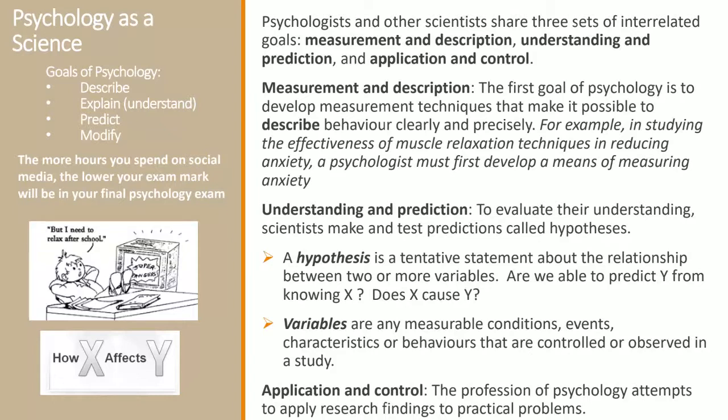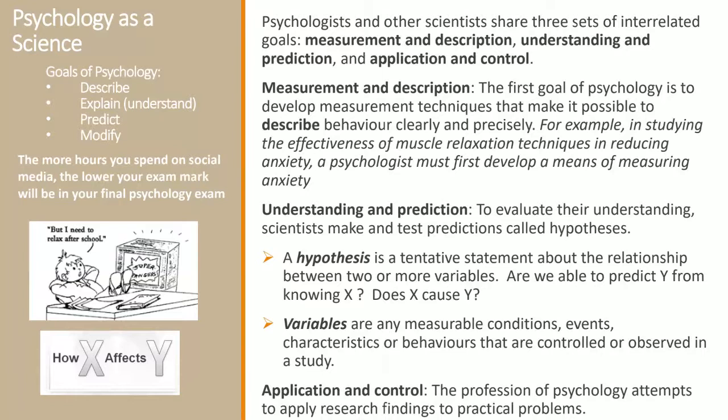Anxiety is something that happens. It's one of our variables in that particular instance, but how do we measure it? And in order to be able to describe it, we need to have a tool that can define it and measure it. So that's very important, being able to measure and describe something.